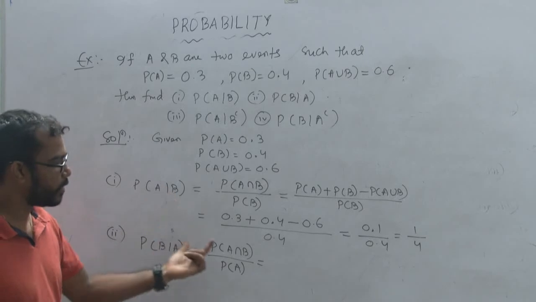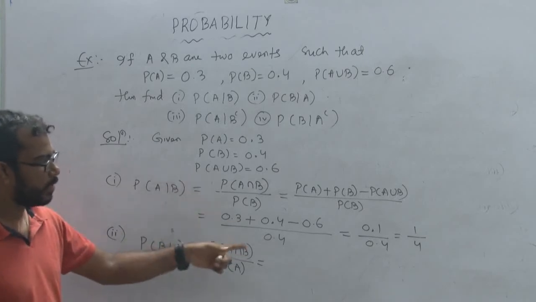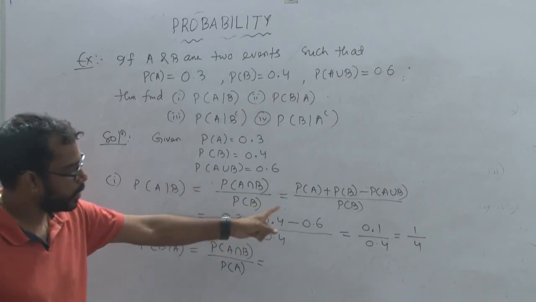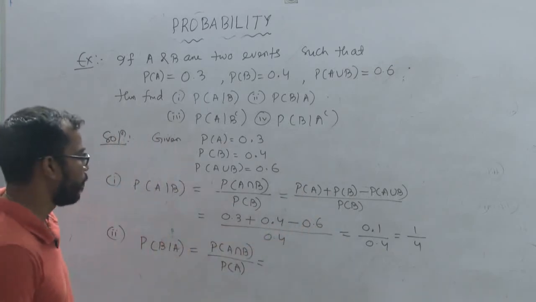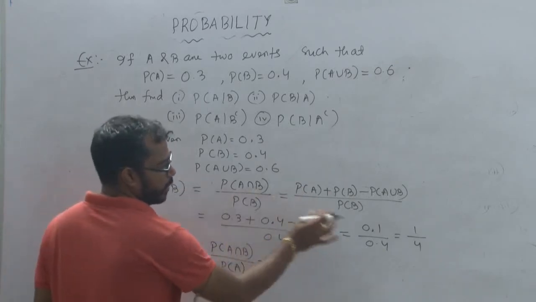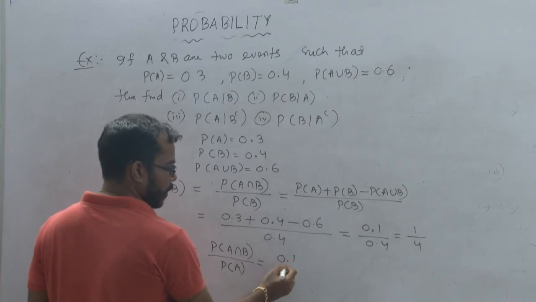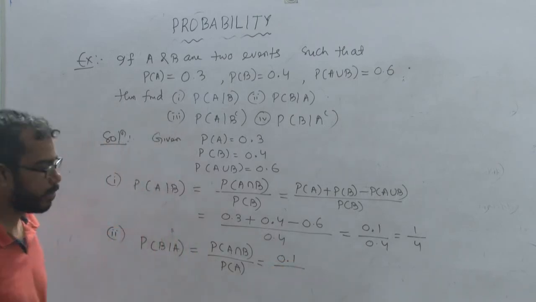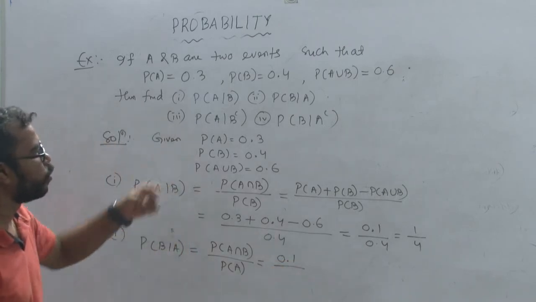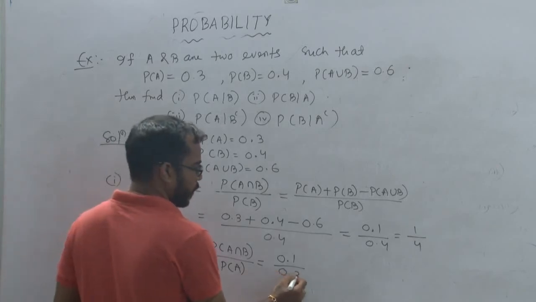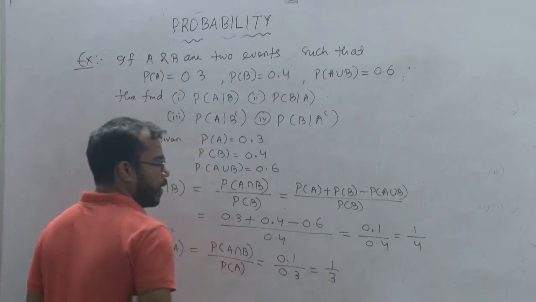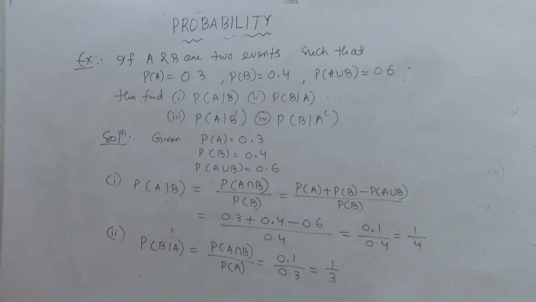So you can put this value because we have already calculated this value. So we can put the value of probability of A intersection B, and that is 0.1, by the value of P of A, that is 0.3. So we can write here the final answer, that is 1 by 3. So the value of probability of B by A, that is 1 by 3.